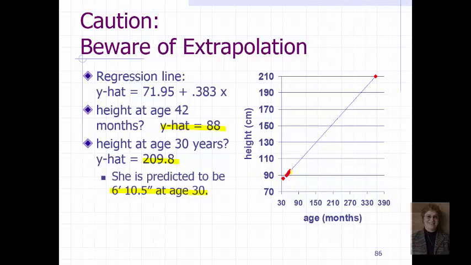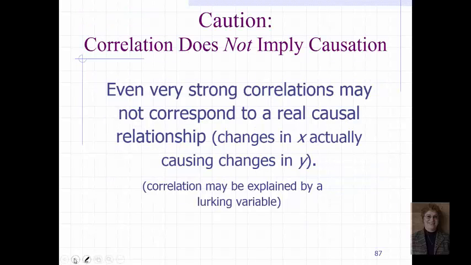You're pretty darn safe if you stay within the minimum and maximum X values, but when you go outside of the data that's been collected, you want to be very, very cautious. Even strong correlations may not correspond to a real causal relationship.